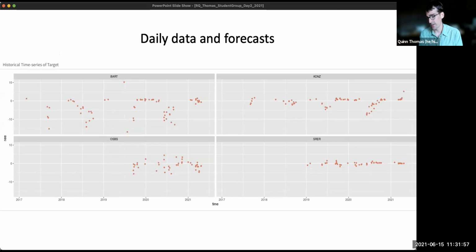And then the daily forecasts are a little bit sparser, and that's because they have to clear certain QA/QCs. Basically, 44 of the 48 half hours during a day have to be valid observations. But that time series is getting longer and available to use for generating forecasts as well.